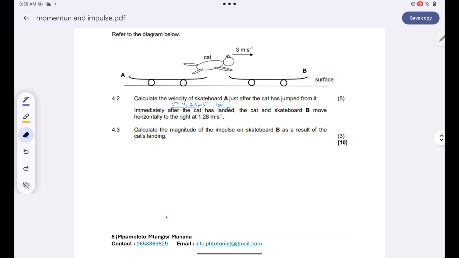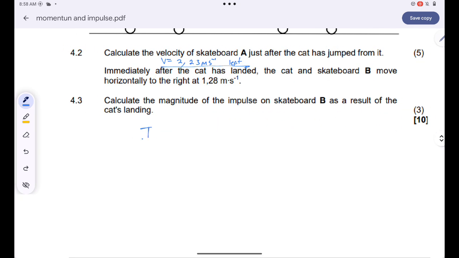Remember that impulse, guys, by definition, impulse is the product of F net and the change in time, right?